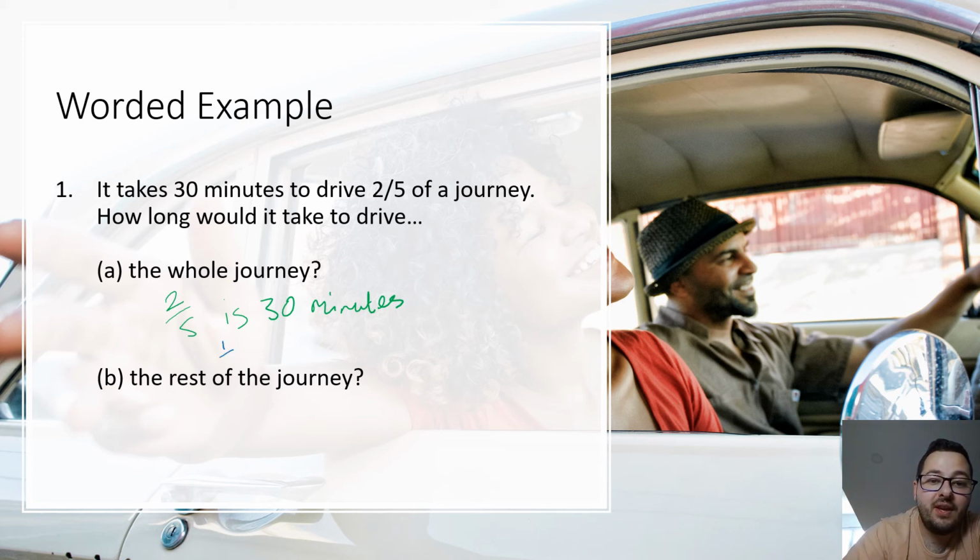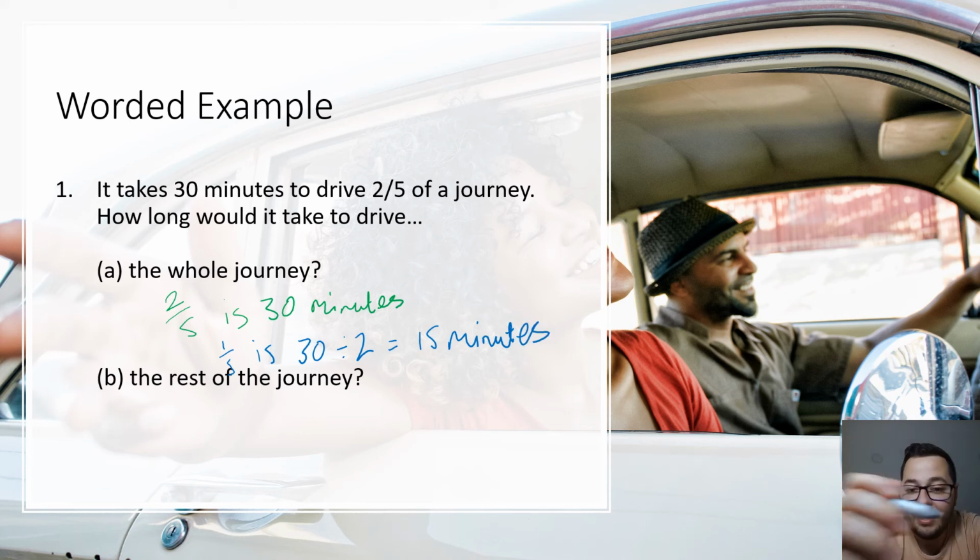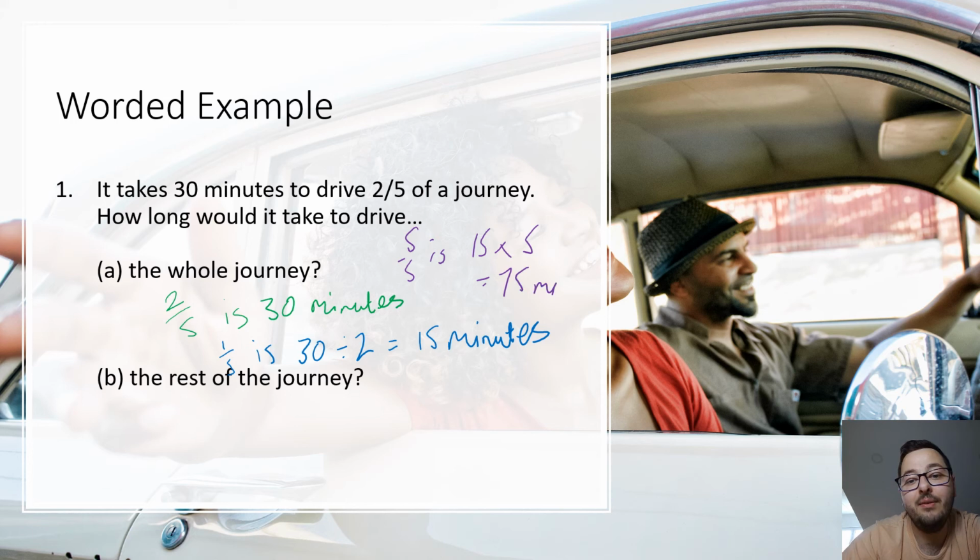If 2/5 is 30, 1/5 is going to be 30 divided by 2, which is 15 minutes. And then 5/5 is 15 times 5, which is 75 minutes. So that's the whole journey.